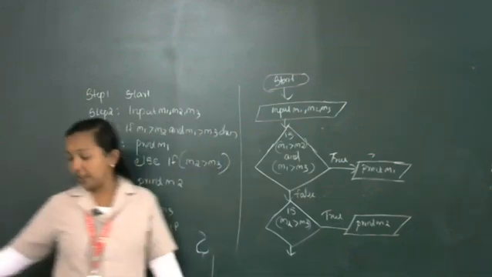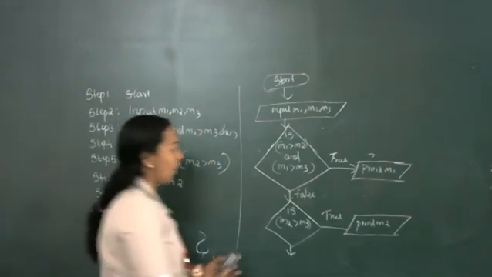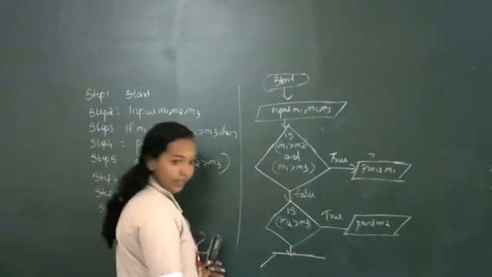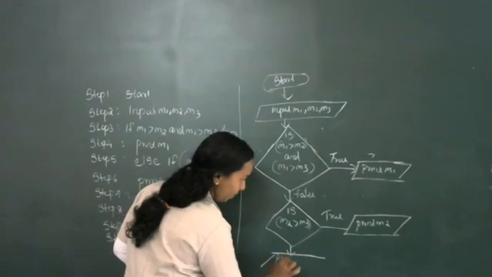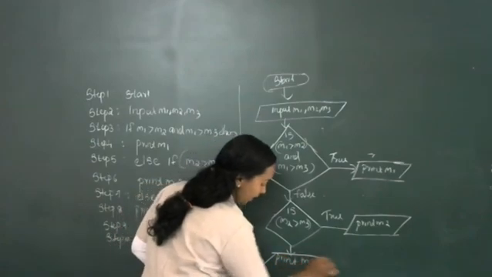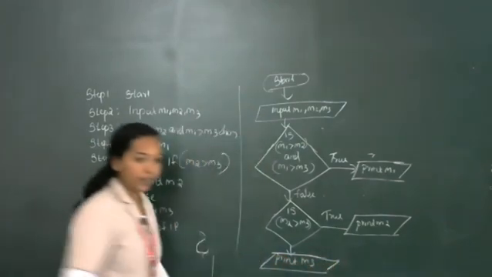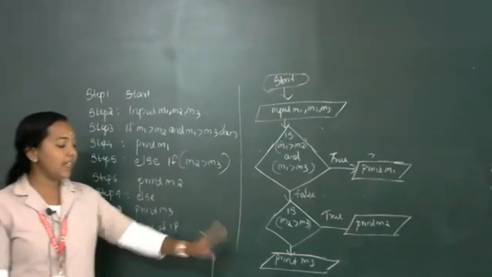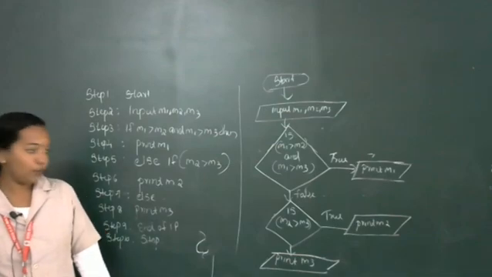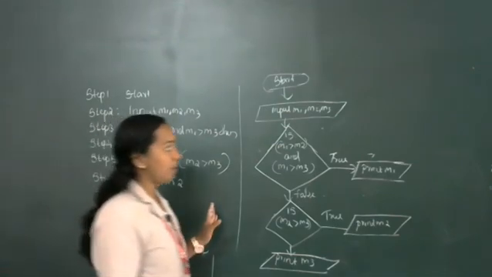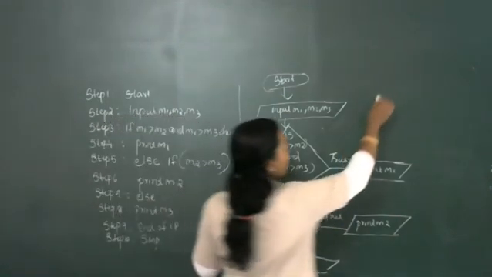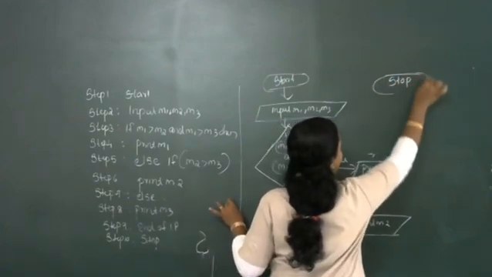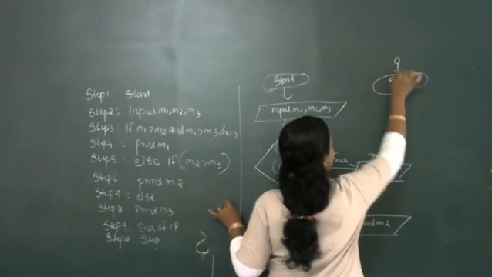Here if the condition is false, what do you want to write? Then you want to print M3. Clear? Here we are printing M3. Then is there any space present here? No. So you want to write one more statement. What is it? Stop. So here I am going to draw one connector like this.